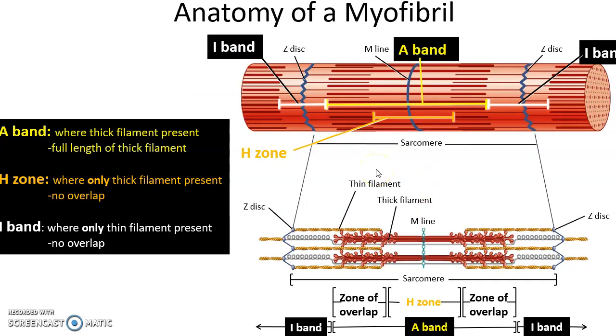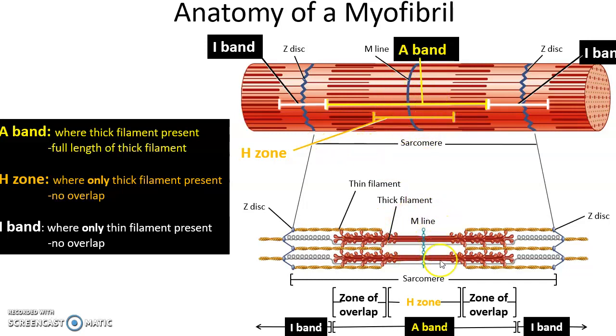Then we have regions. So the A band is the region of the sarcomere where the thick filament is present. So the length of the thick filament is the length of the A band. Then we have the H zone. The H zone is where you only find thick filament. There is no thin filament here, only thick filament.